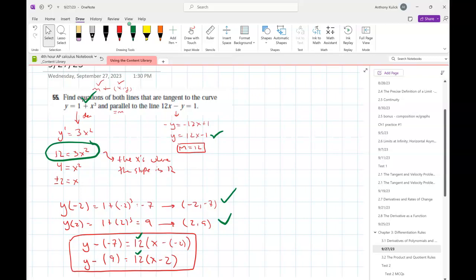Oftentimes slowing down and thinking about what do I need to have to answer this is really helpful before just diving in and starting to do stuff, because there's a lot of stuff you could do, but it's not helpful. Absolutely. Who's next? Audrey. 27.